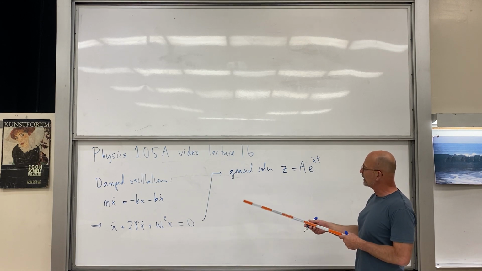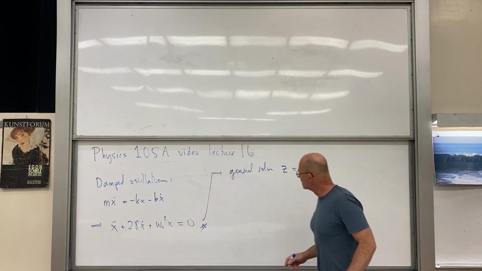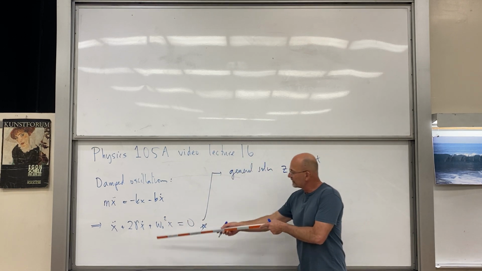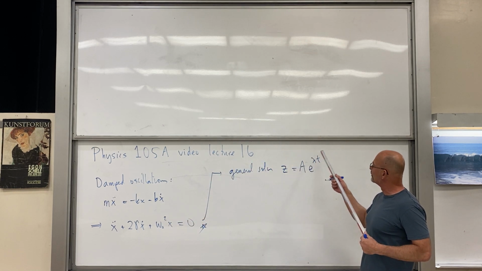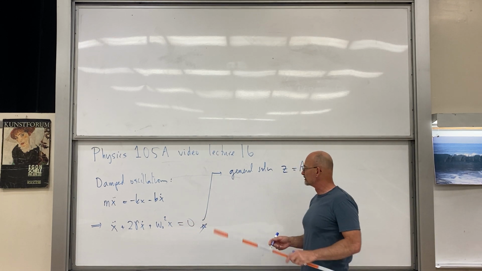And again, we go into this differential equation, take 2 derivatives plus 2 gamma times 1 derivative plus omega naught squared times the function itself.